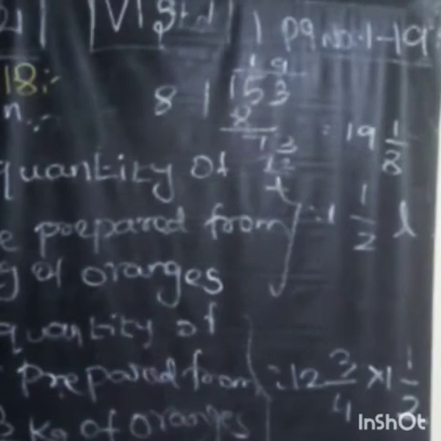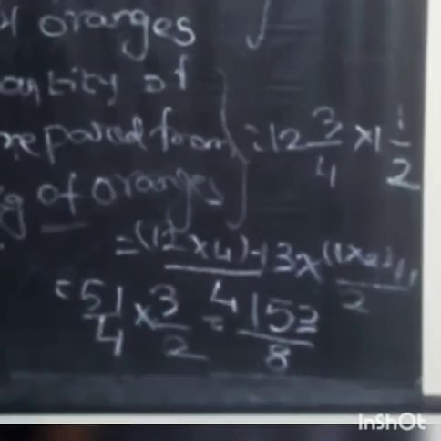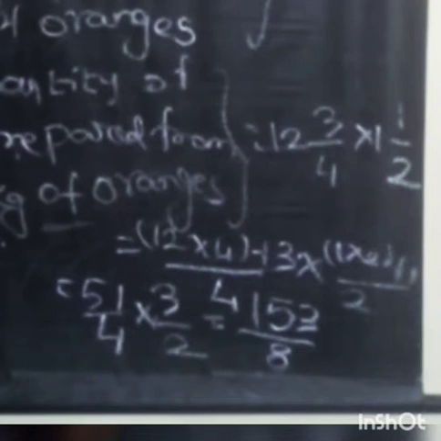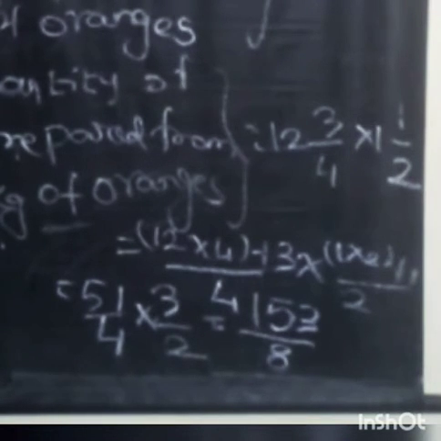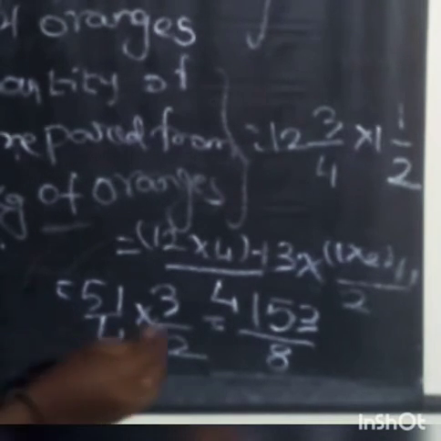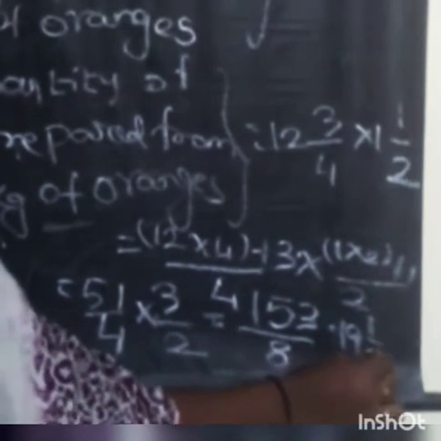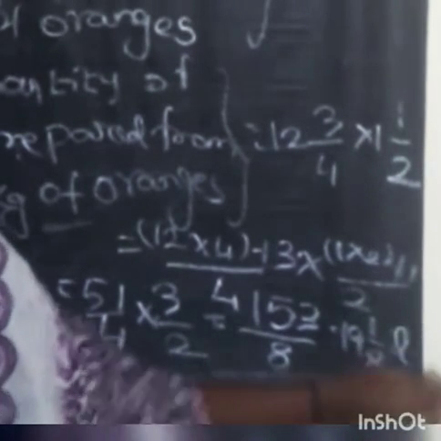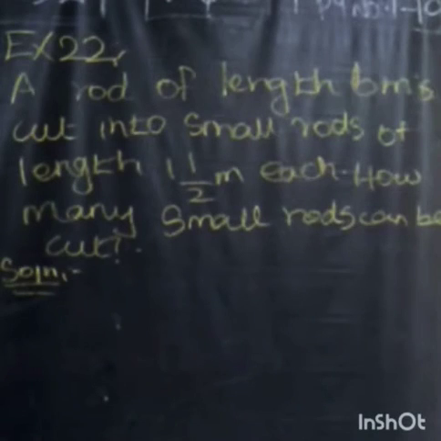That is 19 1/8 liters. So we can prepare 19 1/8 liters of juice from 12 3/4 kg of oranges. Let us take another problem.